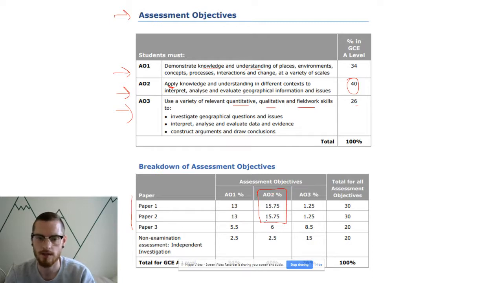Paper 3 here has a lot less AO2 and significantly more AO3 compared to papers 1 and 2. That's the major difference: papers 1 and 2 have more AO2, more application of knowledge, and paper 3 is the ability to analyze resources.